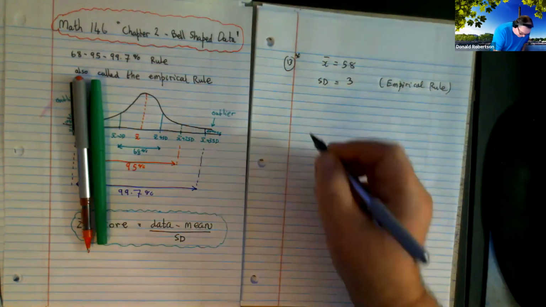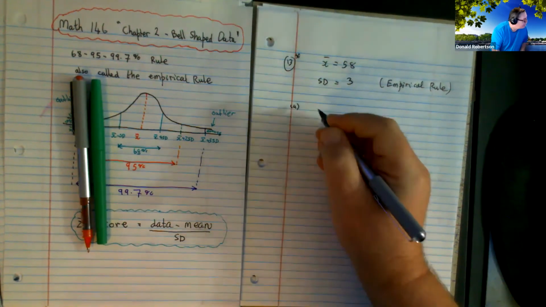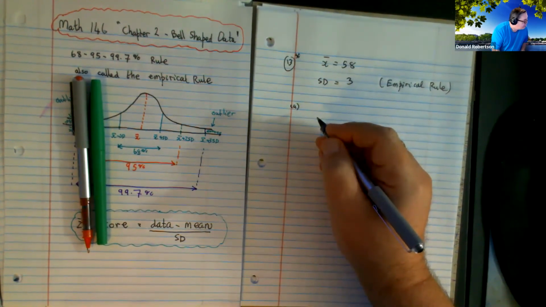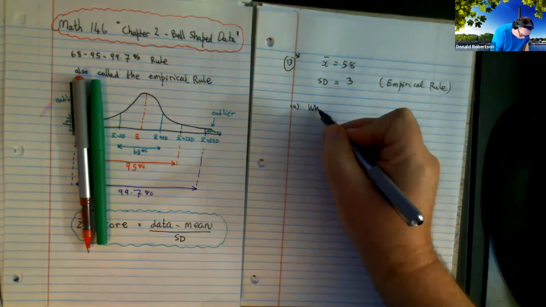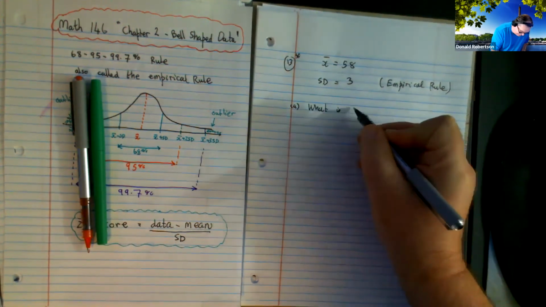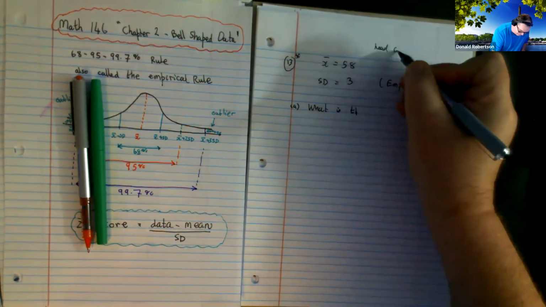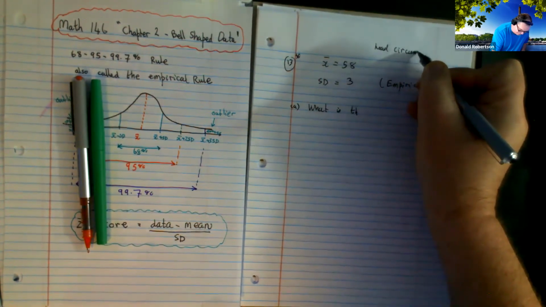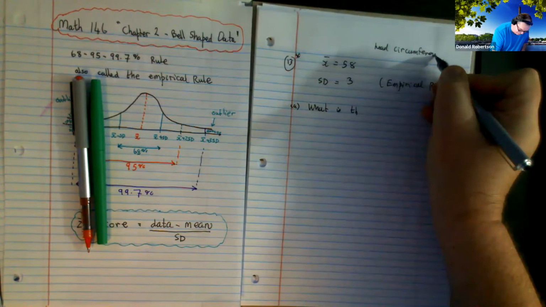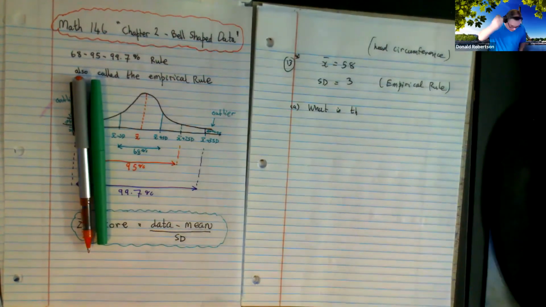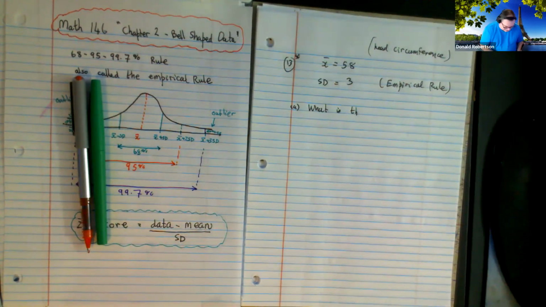Now, the question that they start off with, these are puzzle questions. This data is head circumferences. So they got a whole bunch of adults and just measured how far round their head is.